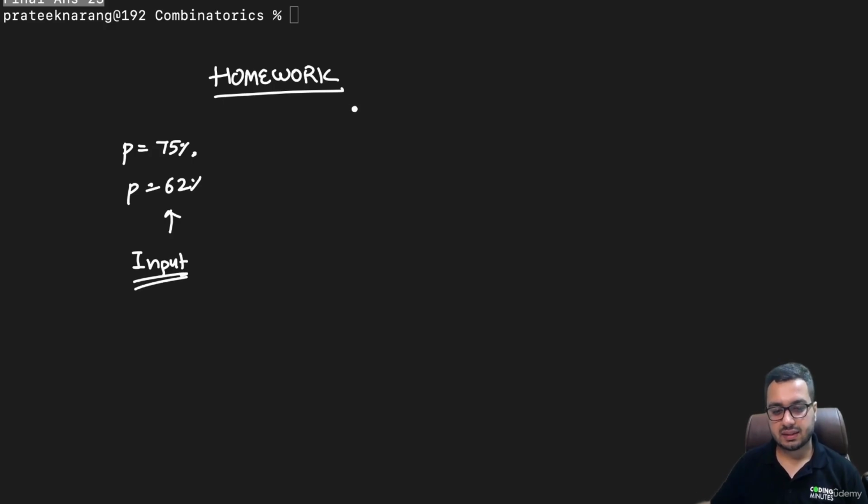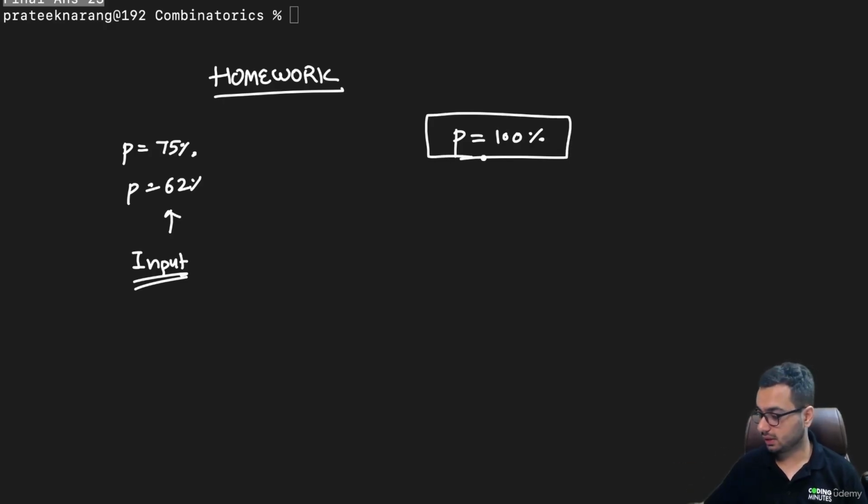And second is, what happens if I say I want 100% probability that at least two people should have the same birthday. This is going to form a special case. So how many people would I need so that there is a 100% chance that at least two people will have the same birthday?